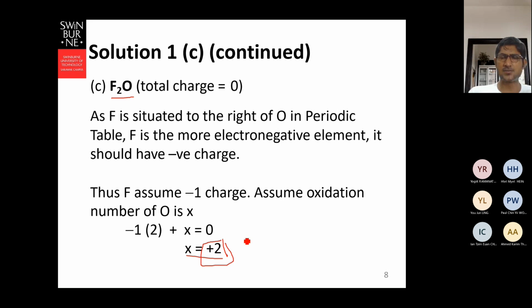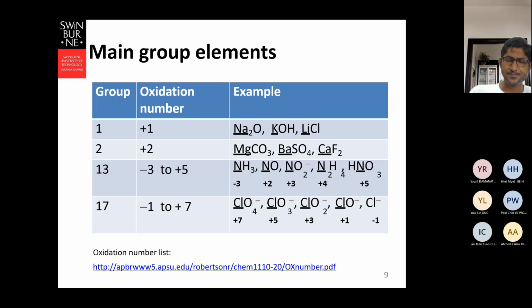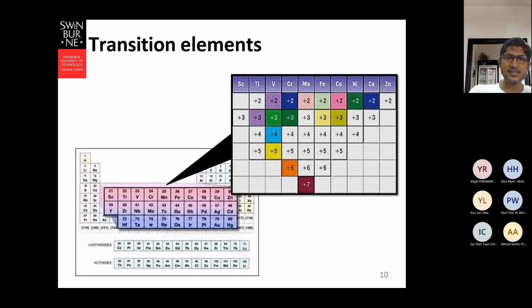It does not always have to be the same; sometimes it changes, and it changes mostly for the transition metal elements. The transition metals are the metals we see in the periodic table.